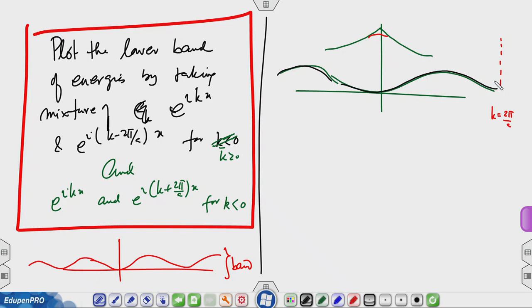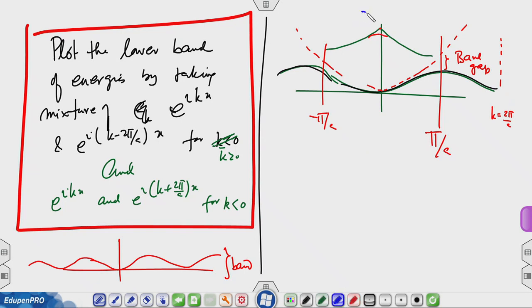The continuous curve that was there for free electrons gets broken into bands. So, these are the bands of energies with a band gap. And this band gap occurs at pi by a, minus pi by a, 0. And if you mix more, I am just anticipating the results, you are going to get a higher band like this.